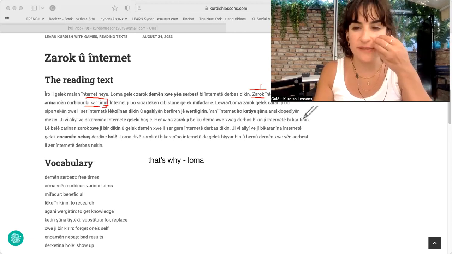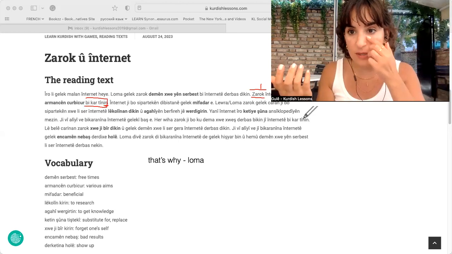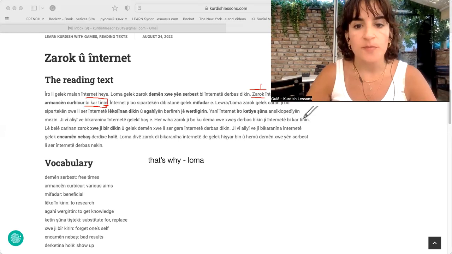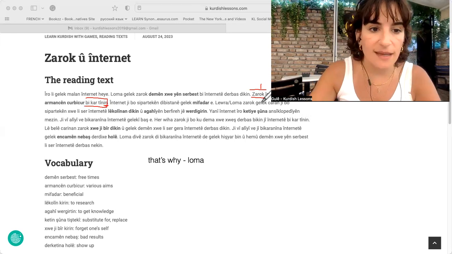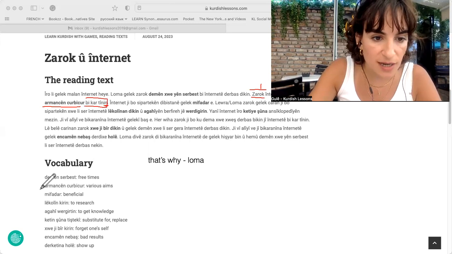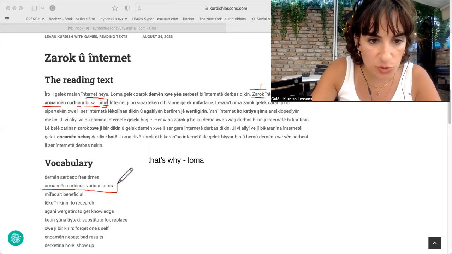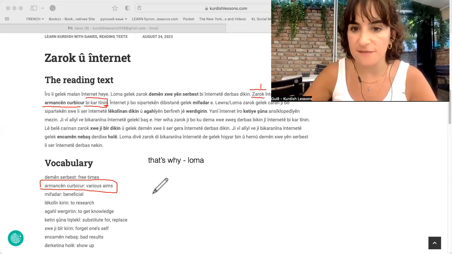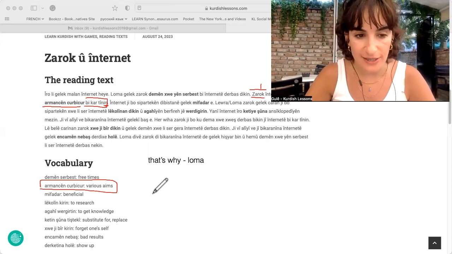So of course, when we speak about something general, we use plural form, right? Kids play, kids use. Zarok bikar tînin. And the armancên cûr bi cûr, various aims. Armanc means aim, goal, okay?